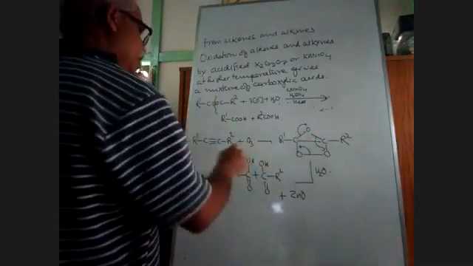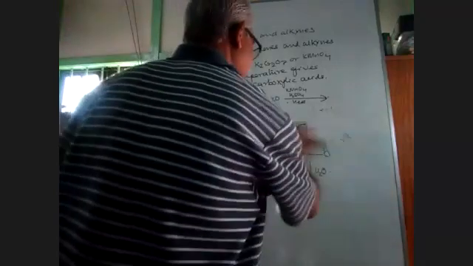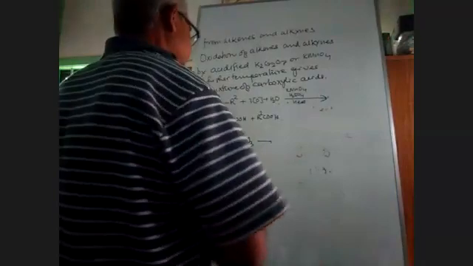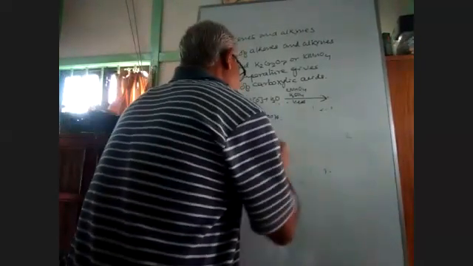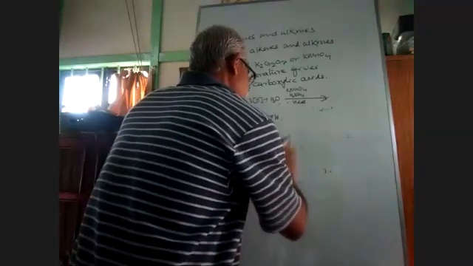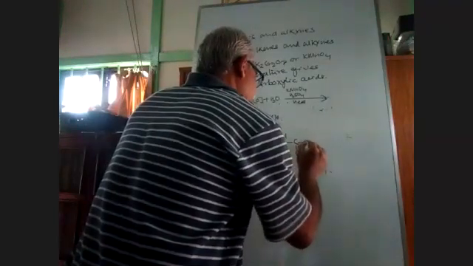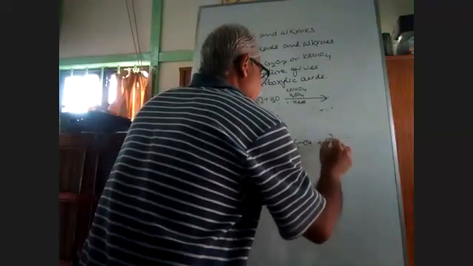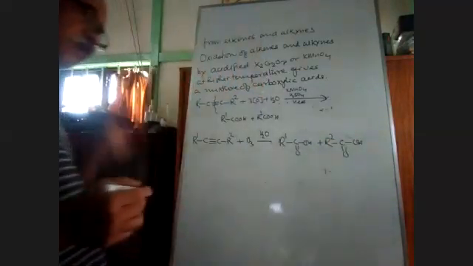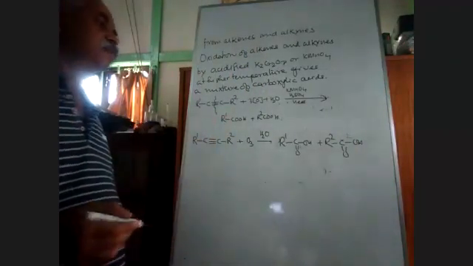So let me now write this intermediate. I'll write it directly. Okay. So I will simply write it in this way. I'll write this one as H2O. It will give me R1COH and R2COH. So this I have given only for your entrance exam. Because we are always habituated with ozonolysis in presence of zinc. Here if you do not use zinc, then you get this.